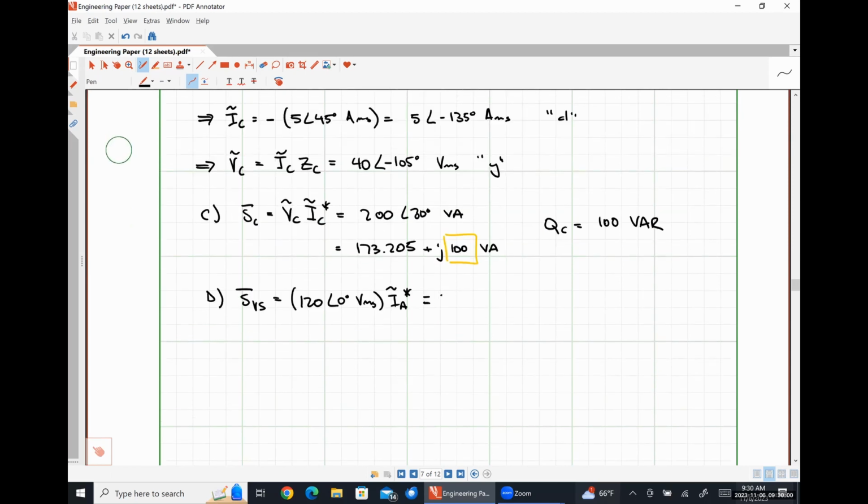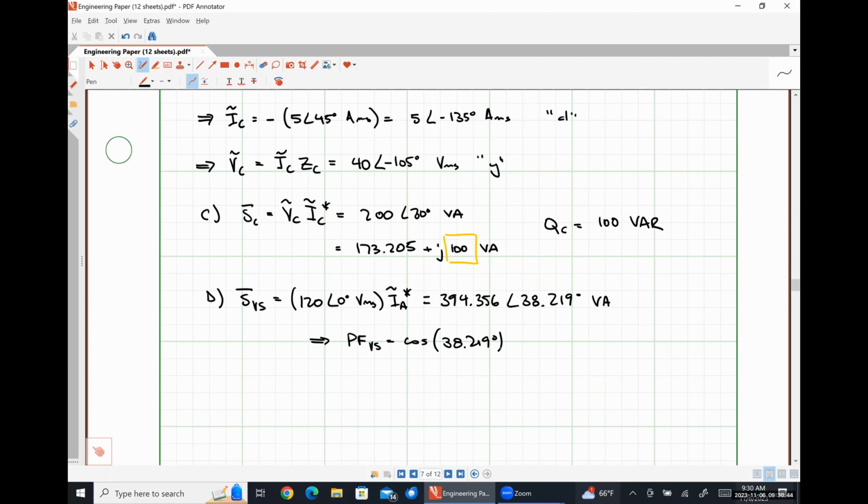I get 394.356 with an angle of 38.2193 degrees volt amperes. How do I get my power factor from this? Just the cosine of the power factor angle.